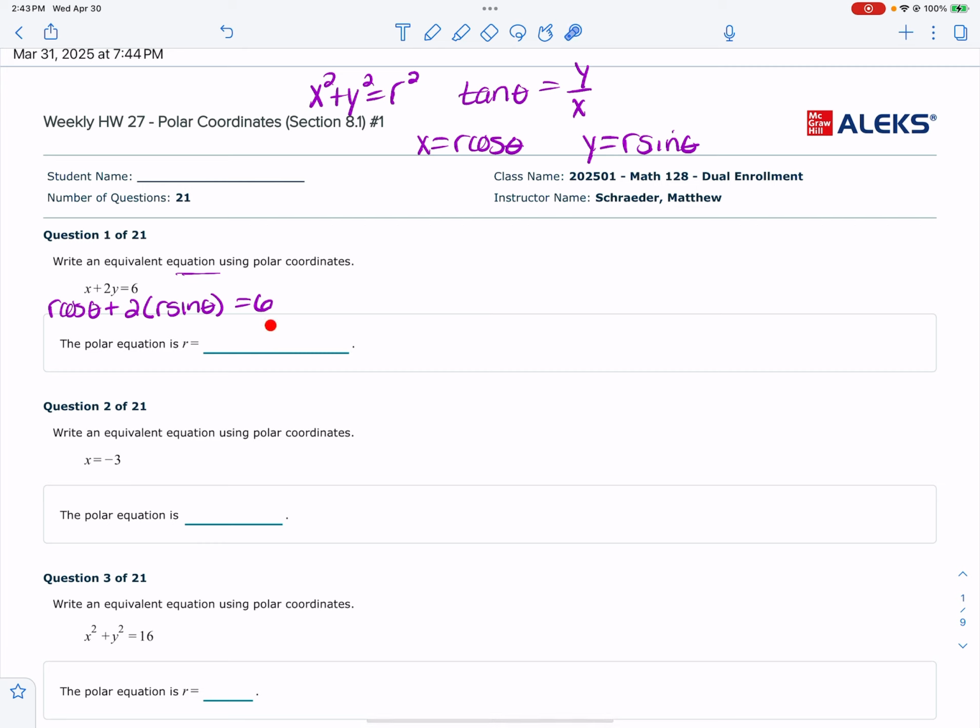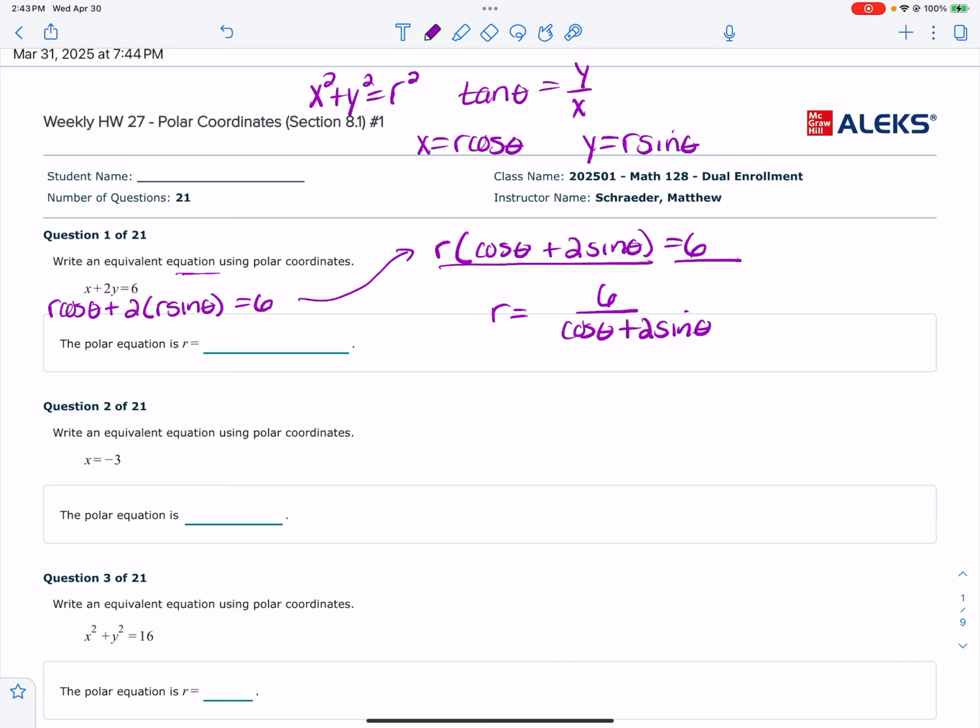I have 2 terms with r in them, so I need to factor out the r. That leaves r times cosine of theta plus 2 sine of theta equals 6. To solve for r, you divide both sides by that big mess. So you get r equals 6 over cosine theta plus 2 sine theta. And that is the answer.